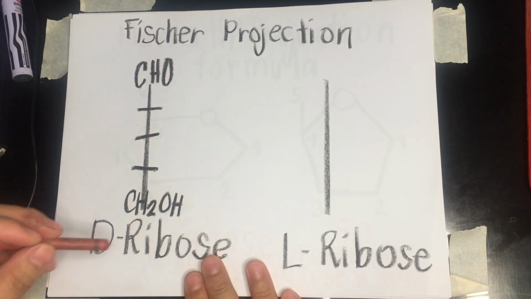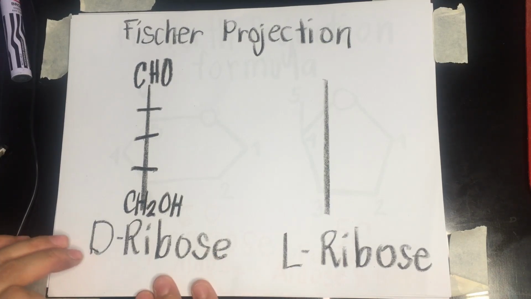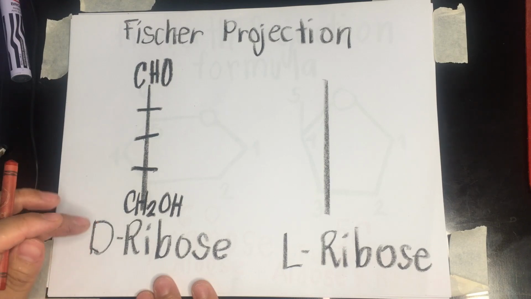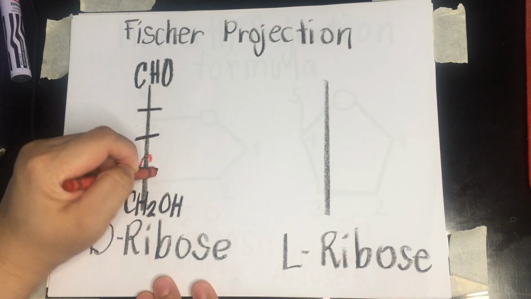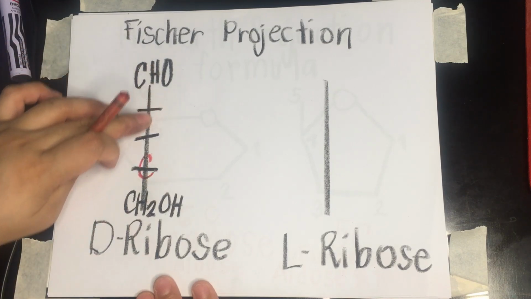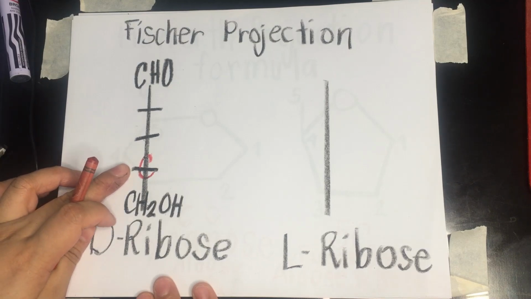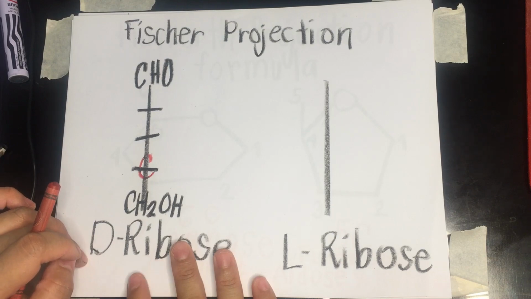Let us bear in mind for our Fischer projection, if it is in D notation, then we are going to get the highest number of carbon, and this will be the location of our hydroxyl group. So if we count 1, 2, 3, 4, C4 will be the highest number of carbon that bears the hydroxyl group in D notation.